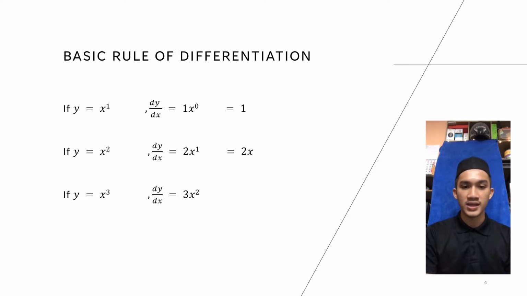If y equals x power of 2, dy over dx equals 2x power of 1, equals 2x. If y equals x power of 3, dy over dx equals 3x power of 2.